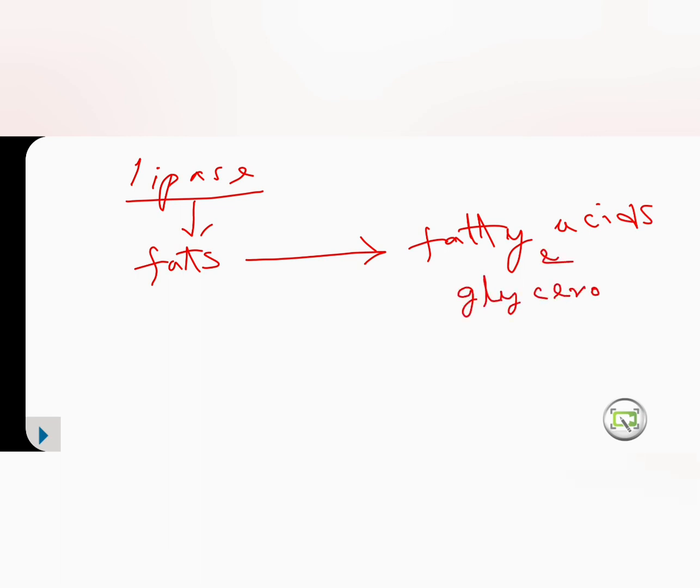These are the end products of fats. All fats are not digested, but some of the fats are digested here, and later further fats digestion would be completed in small intestine. In addition to this, one more enzyme is also present, that is amylase.